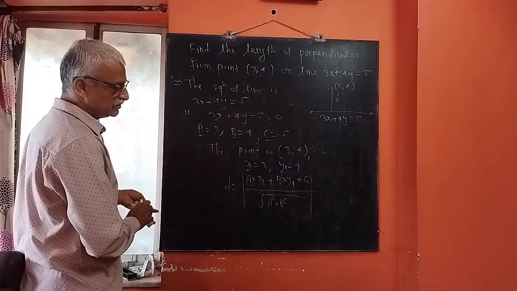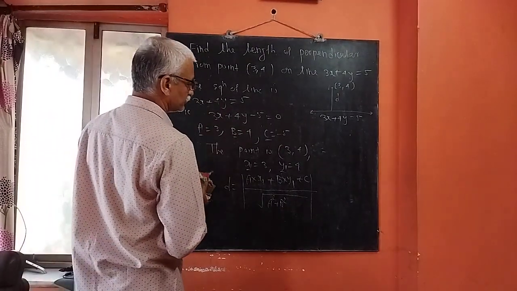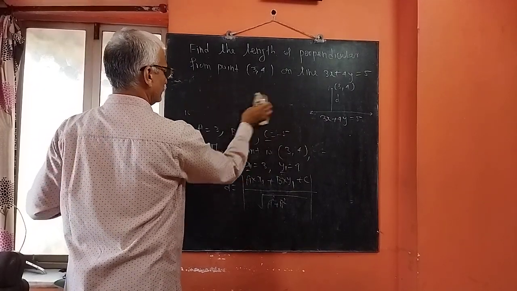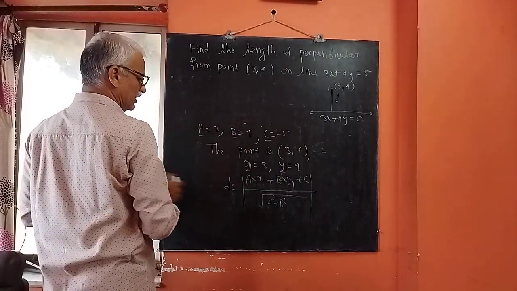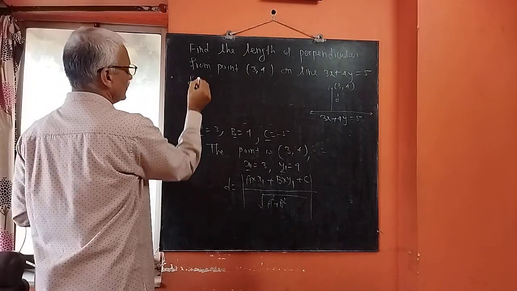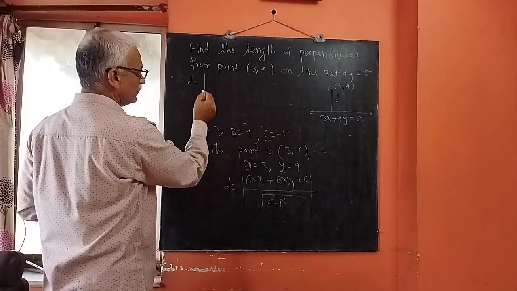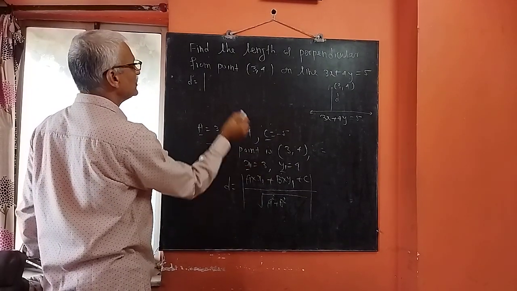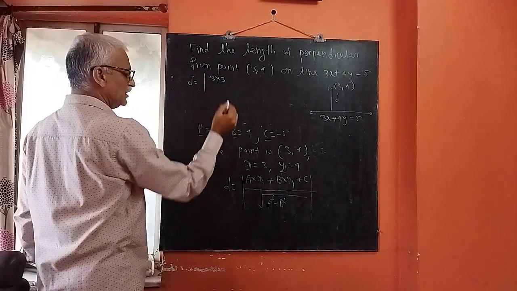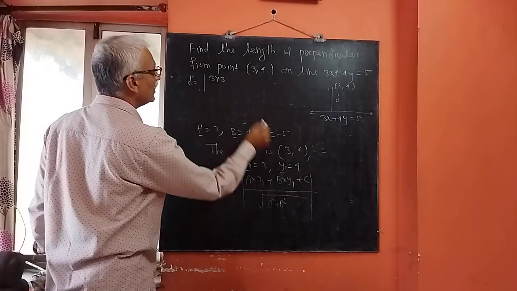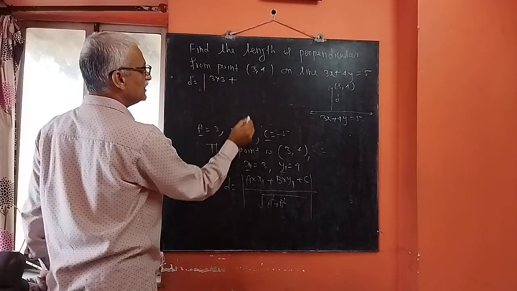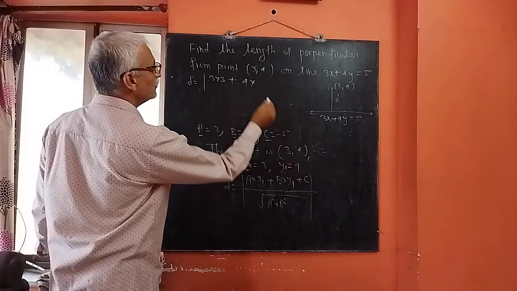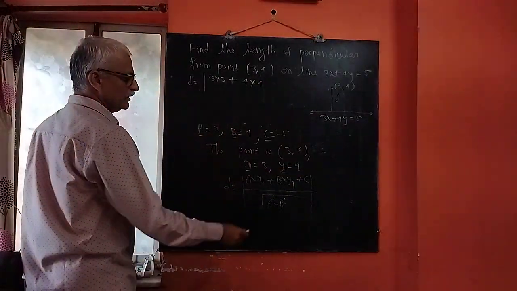Now substituting the values, we get d equals mod of a into x1. a is 3, 3 into x1, that is 3, 3 into 3, plus b into y1, that is 4 into y1. y1 is again 4, plus c.